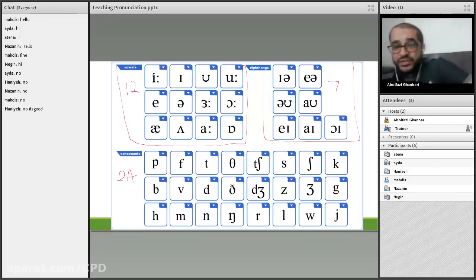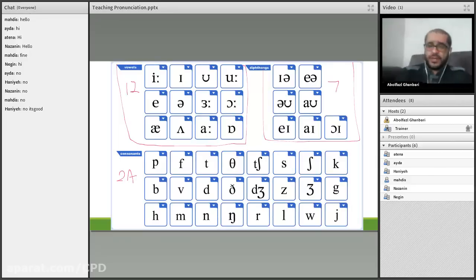The learners need to know these sounds and should master using them.